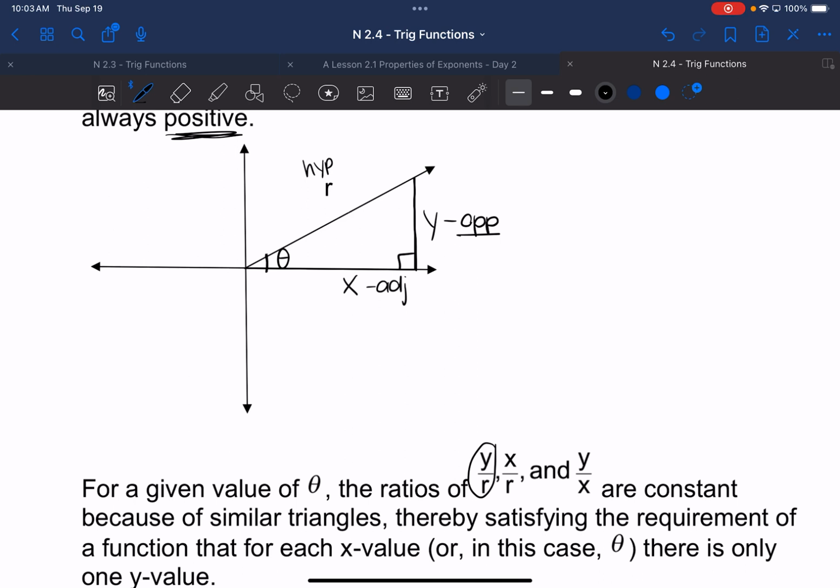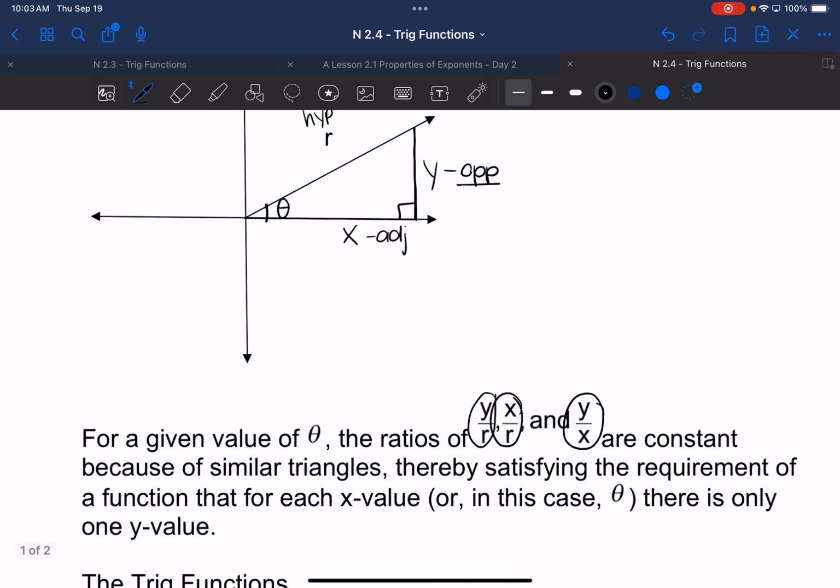And instead of using adjacent over hypotenuse, we're going to use x over r. And instead of opposite over adjacent, we're going to use y over x. We are able to do this because these are going to be similar triangles that we're drawing around here, no matter the direction. The numbers can change, but the look of the triangle is going to stay the same.